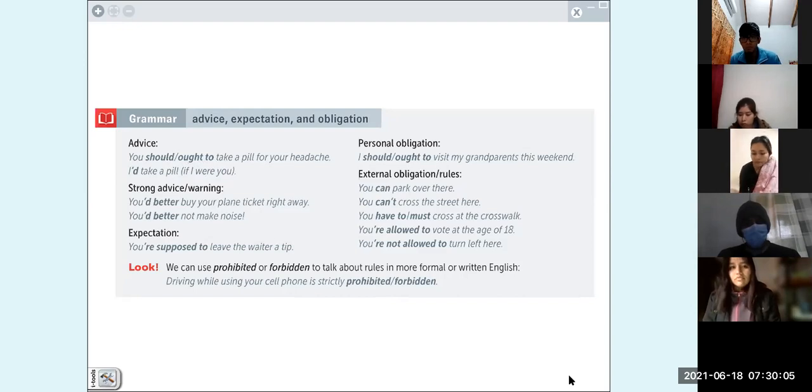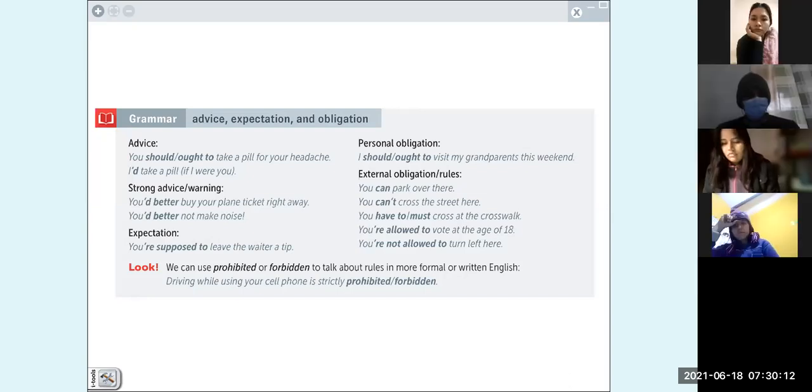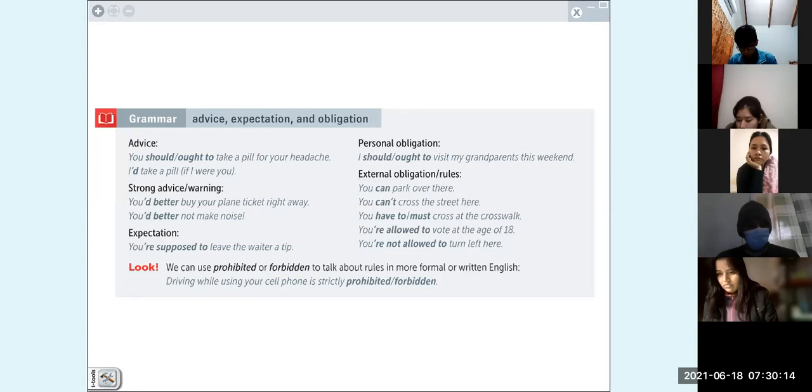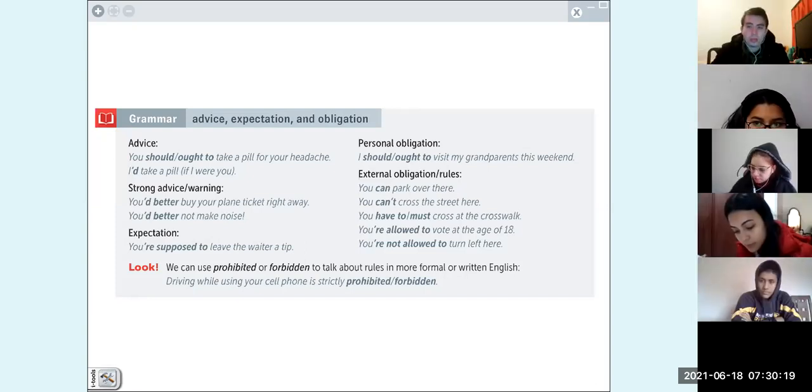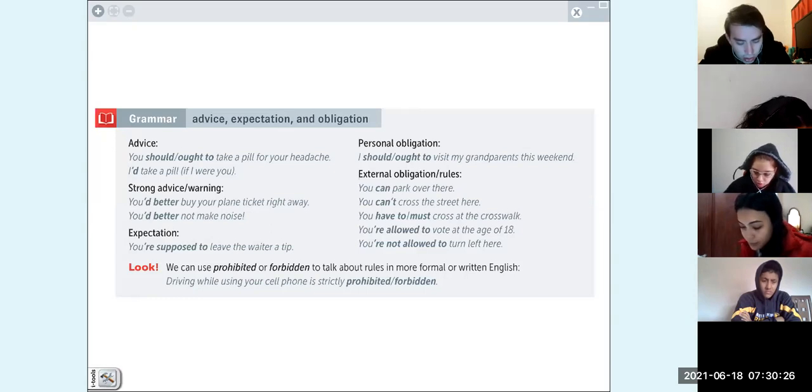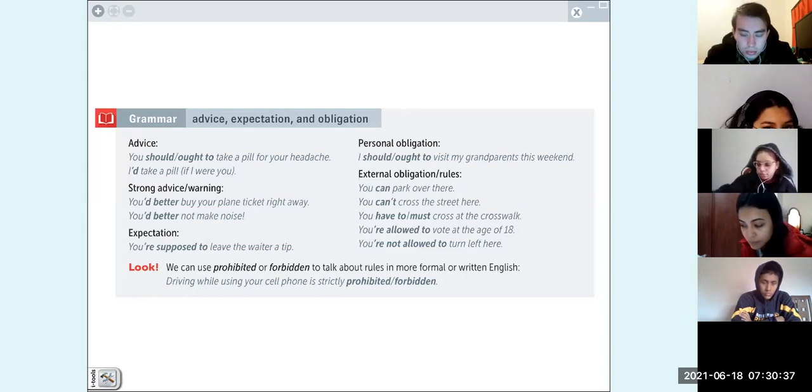What kind of advice can you give to your partners? What can you tell your partners? Think about it. A piece of advice that you can give to your partner. For example, you should wear a jacket today. It's very cold. Or you should wear a sweater. It's very cold outside, right?